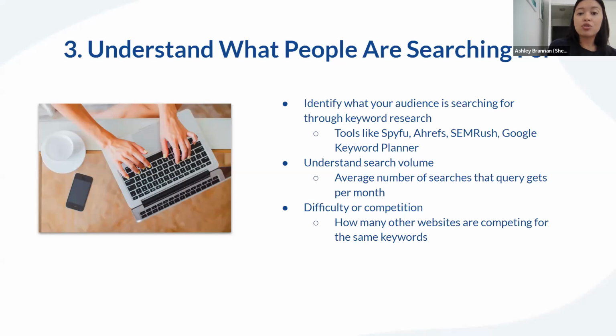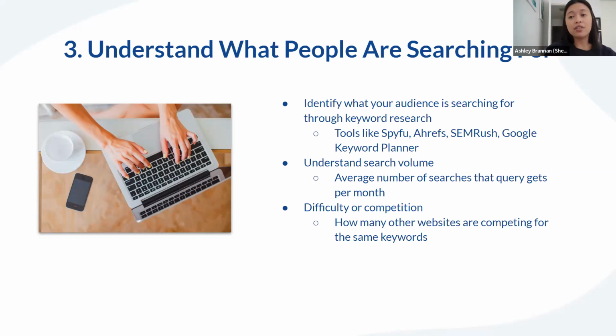We need to make sure that those keywords we're targeting are going to have people searching for them, and it will bring in more organic traffic. So that means understanding the average number of searches that people make for those keywords every single month. But keeping in mind, again, we're going to target keywords that have lower search volume but really high search intent.